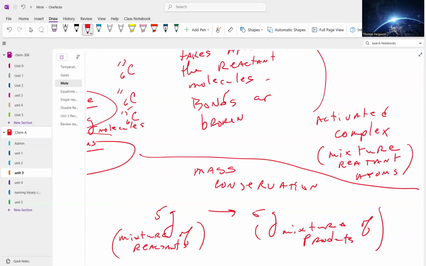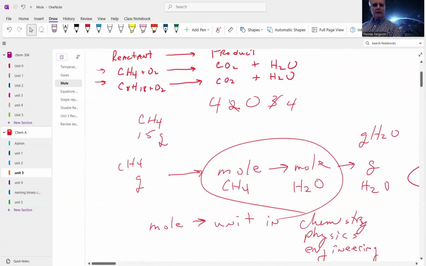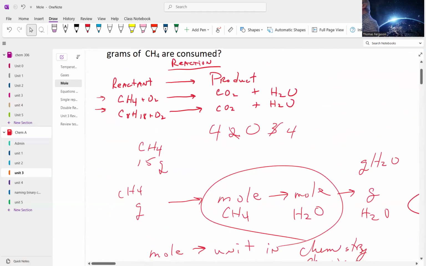So E is equal to MC squared. And we have a big explosion. No, it's not good. Okay, so when I say we have to conserve mass, what it comes down to is really we're conserving atoms.